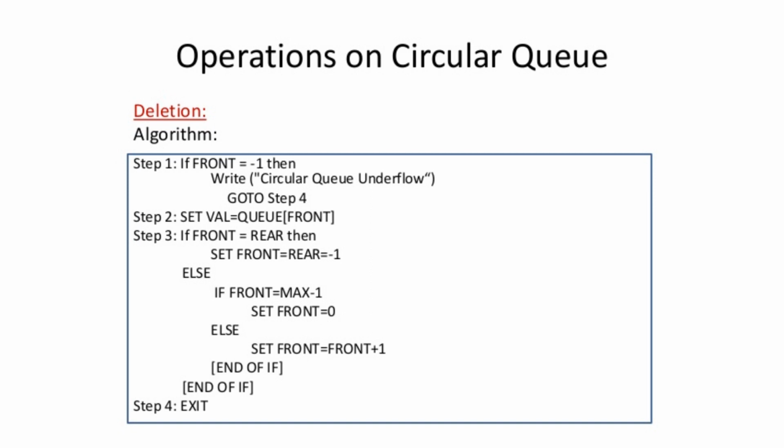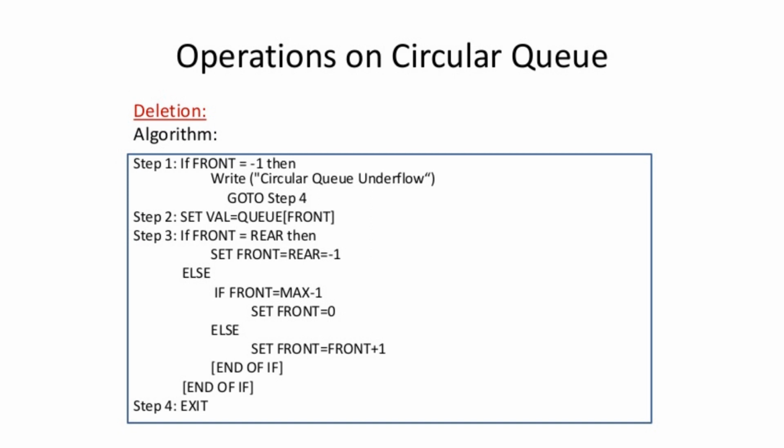Operations on circular queue. This is the deletion operation on the circular queue. This is the algorithm for deletion from the circular queue. Step 1, if front is equal to minus 1, then write circular queue underflow, go to step 4. Step 2, set value is equal to queue of front.